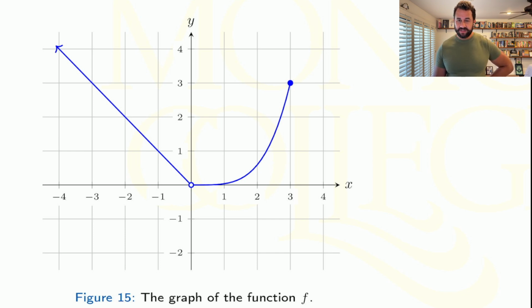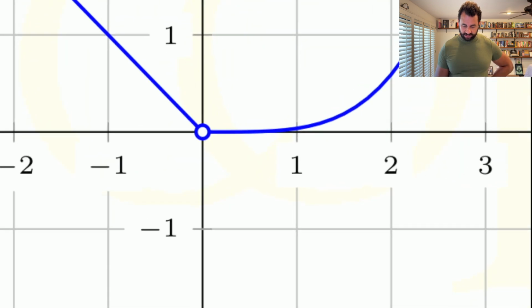Then, at first glance, it seems like the graph is achieving a minimum value, right? Like it's not getting any lower than this. But if you look closely, there's an open circle, so that point is not included in the graph. That means this function is not achieving an absolute minimum value at all, right?